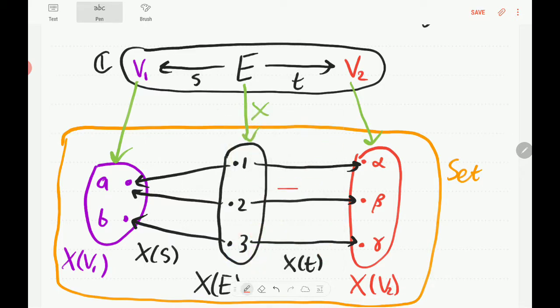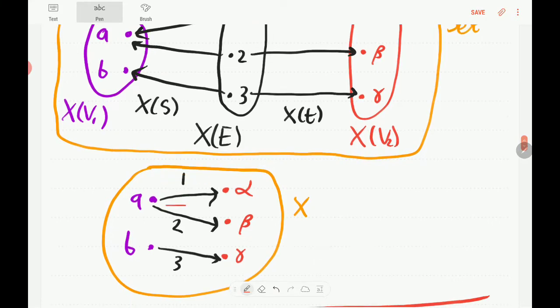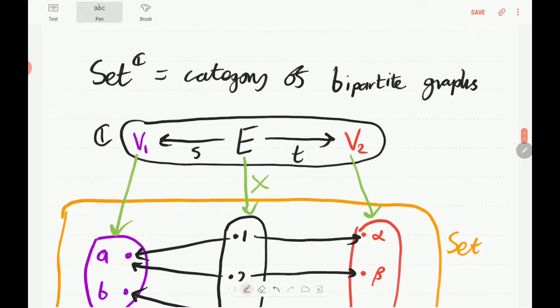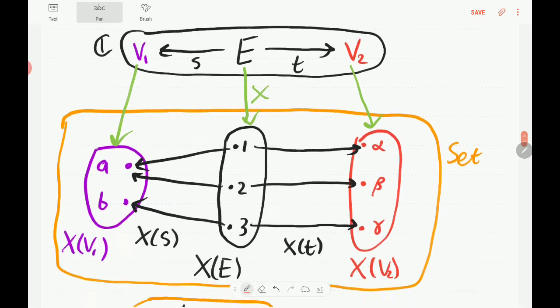And so every edge is going to be going from X of V1 to X of V2. And therefore, we're going to have a bipartite graph. So we can picture the objects in this category set to the power of C, in this case, like this.